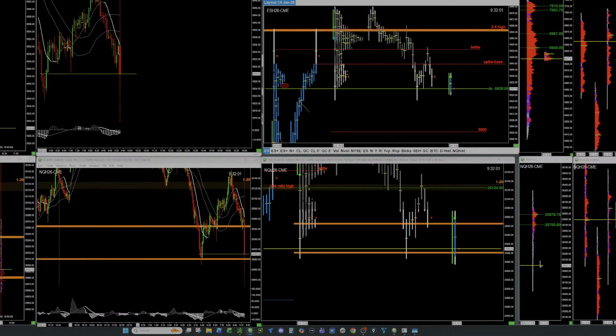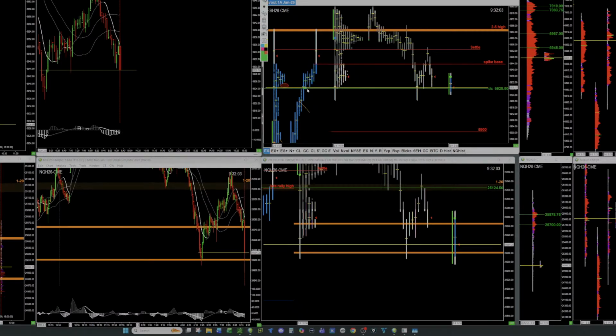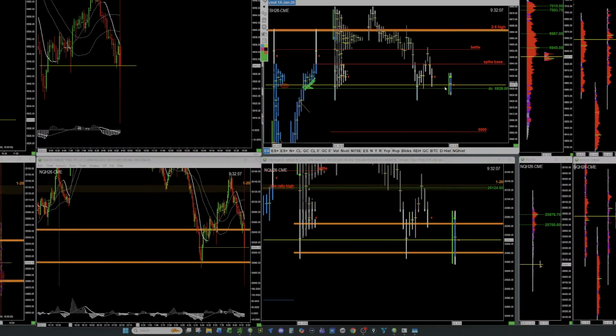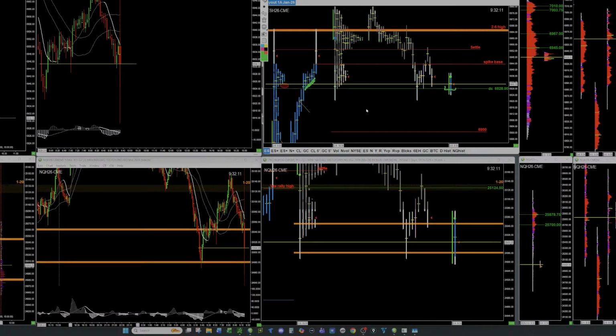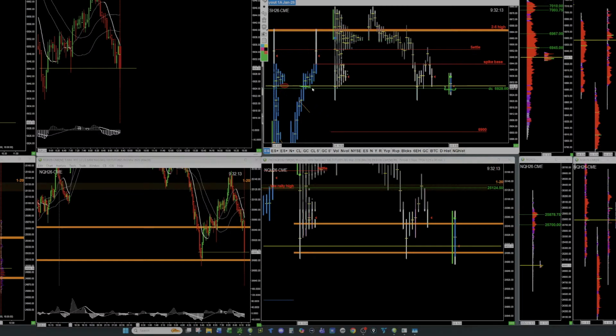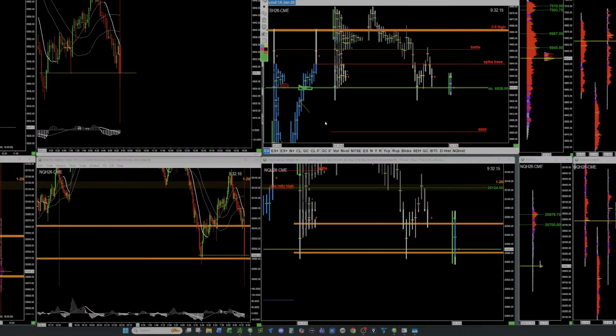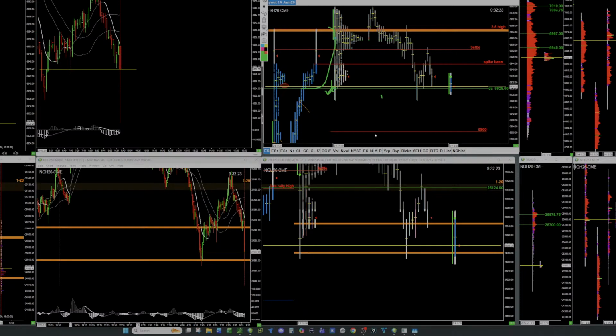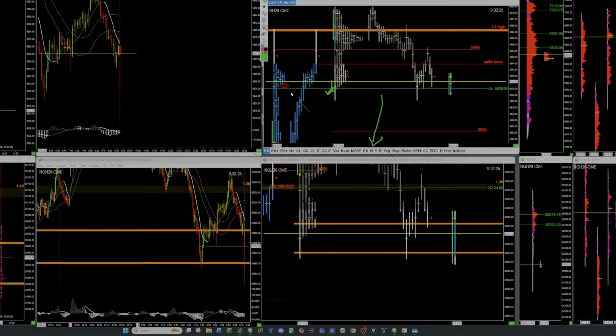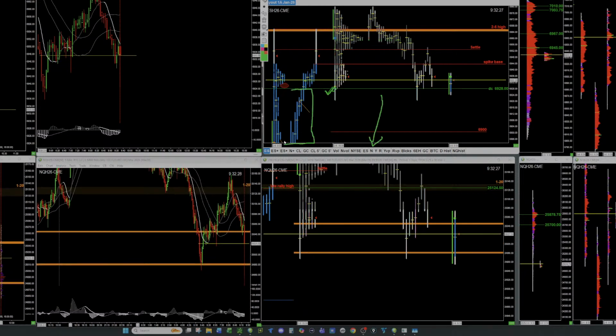These lows now technically have been taken care of. This distribution also has been closed. By doing so, the market is showing weakness here. And now trading down here, potentially targeting the opposite side of this lower distribution.